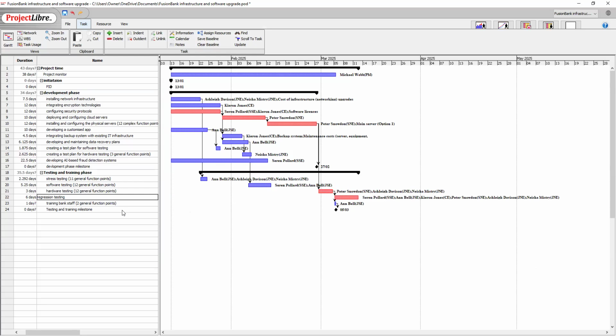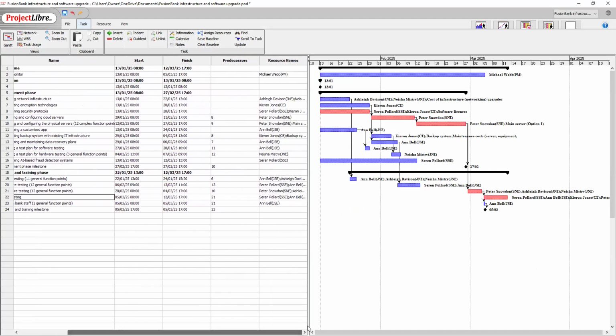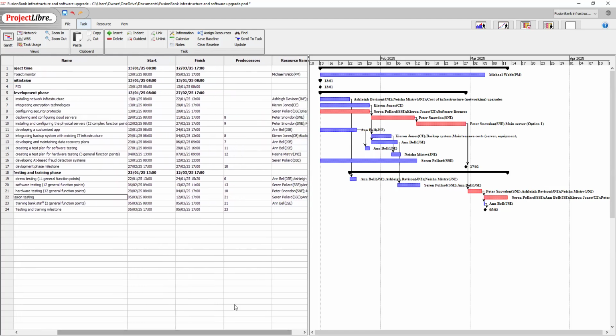All right. And then the screening should be at the end of regression. So what we're going to do is we're going to take off this 21 here on the training and put 22 instead. And there we have it.